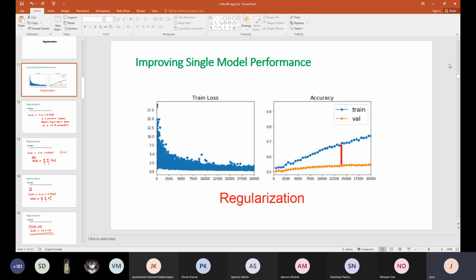But this approach is not good for safety critical systems, for example in the medical domain, aircraft flying, or automated driving. There you need very, very high accuracy and you want to focus on the rare examples as well. So early stopping is a problem in scenarios where safety is very important.